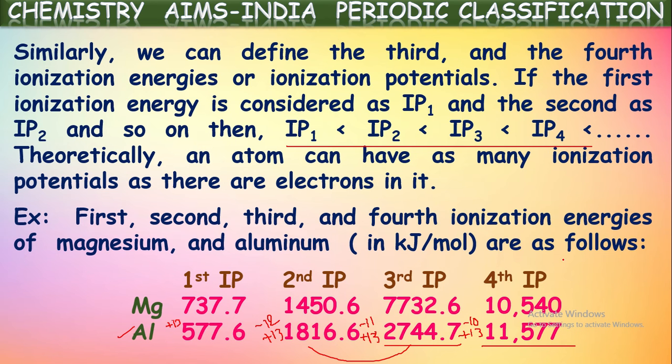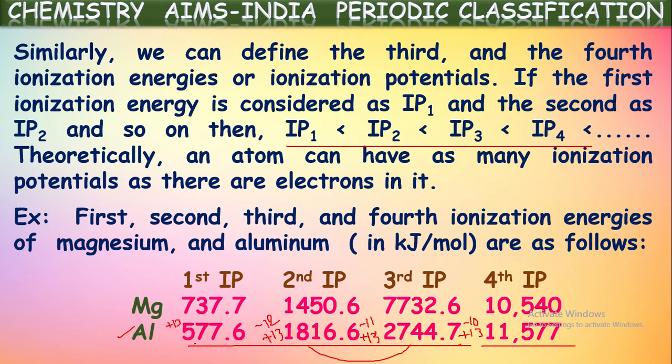Got it? And one more thing we can observe here: after the removal of 3 electrons consecutively from aluminium, it attains the nearest noble gas configuration, that is, neon configuration. That is why it will be more stable after the removal of 3 electrons. So the IP4 value is abnormally increased here.